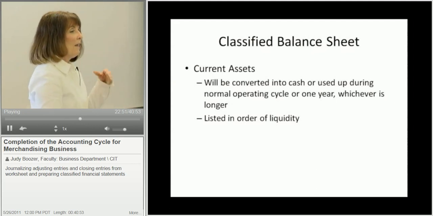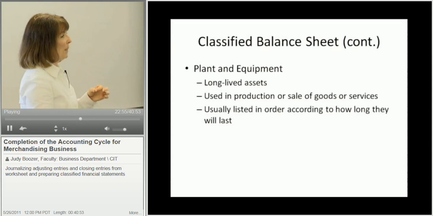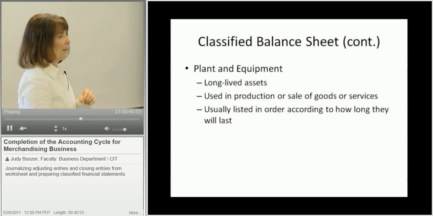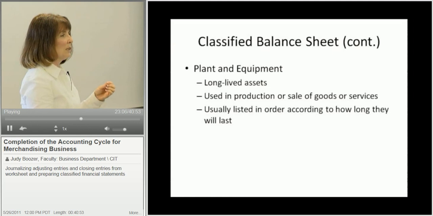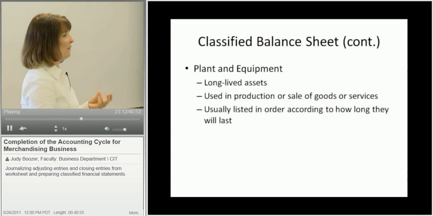Now, the next part of assets is called plant and equipment, often called property, plant, and equipment. And those are long-term assets, and they would include those that would usually be of value for longer than a year. So what would they include? What kind of things would they include?